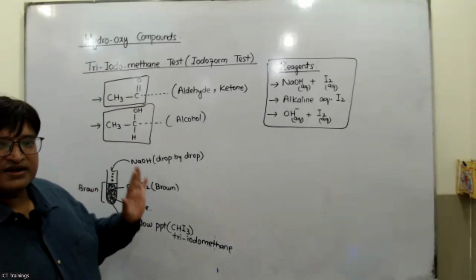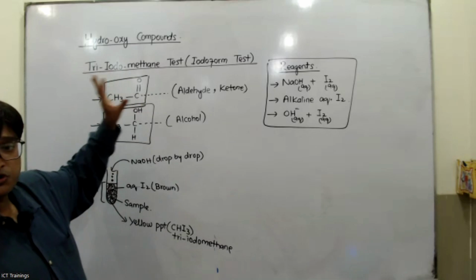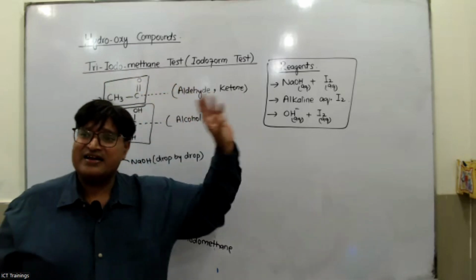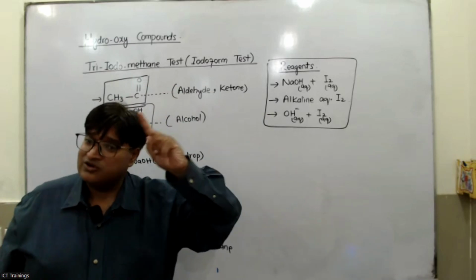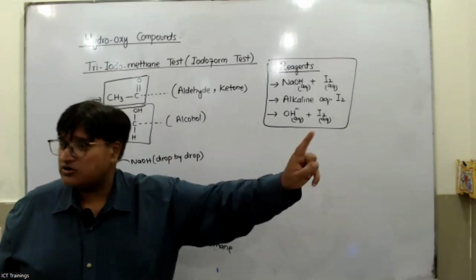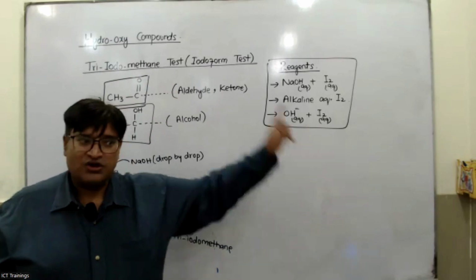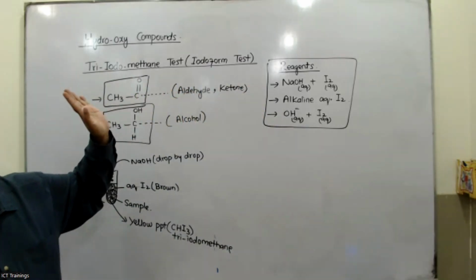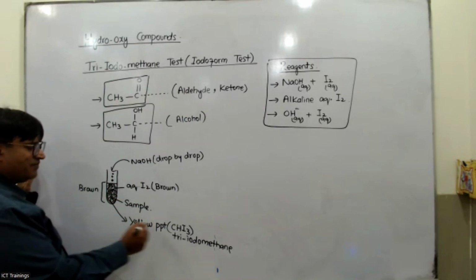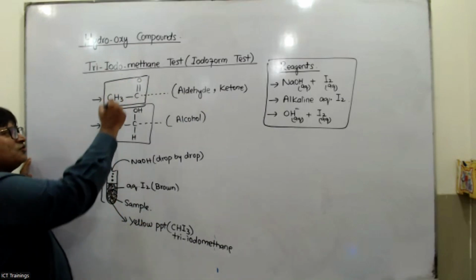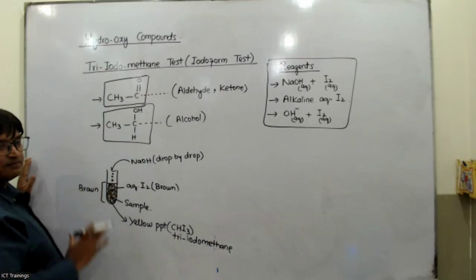So remember again, this test can only be used for aldehyde, ketone, and alcohols. Not on carboxylic acid, not on acyl chloride, not on esters, nothing else. This yellow precipitate would be formed if this group or that group is present in the sample.